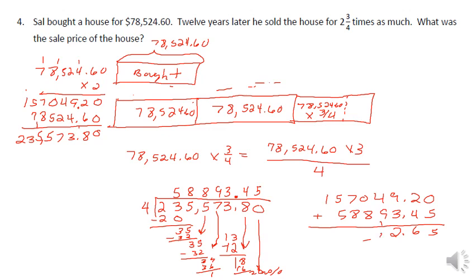And we end up with 5, 6, 12, carry 1, 14, carry 1, 9, 15, carry 1, 10, 11. And our answer is going to be right up here so you can see it better. So the sale price was $215,942.65.